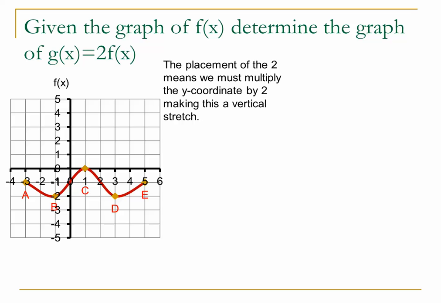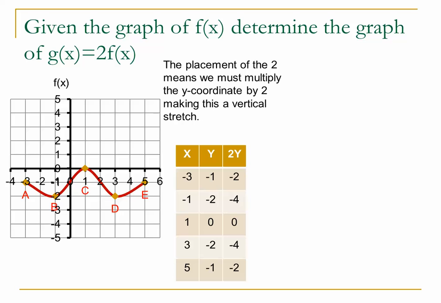And it also matters if the 2 is on the outside of the function or if it's on the inside of the function. So the placement of the 2 tells us that we multiply the y coordinates by 2, making this a vertical stretch. So in this case, it helps to make a table, start with the x and y values that are in the current f of x.